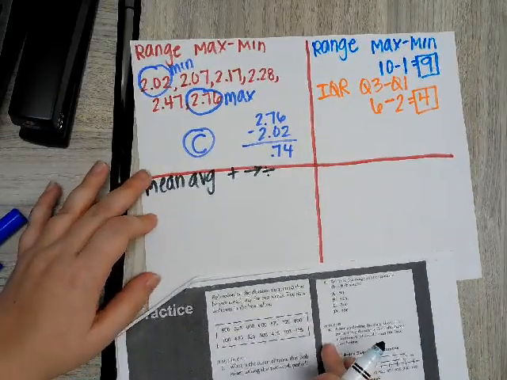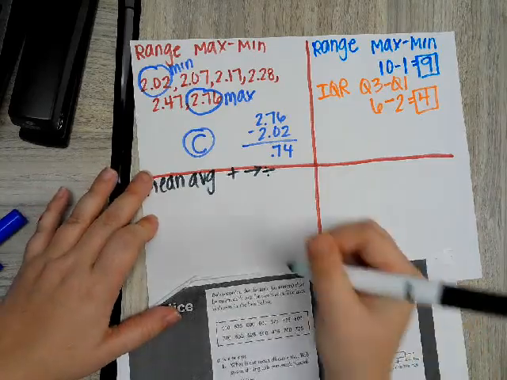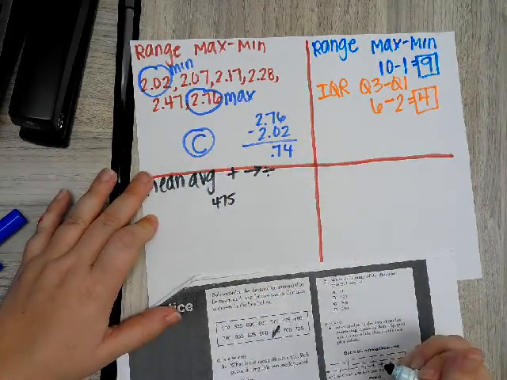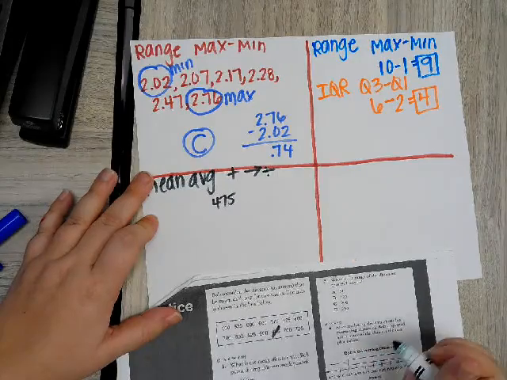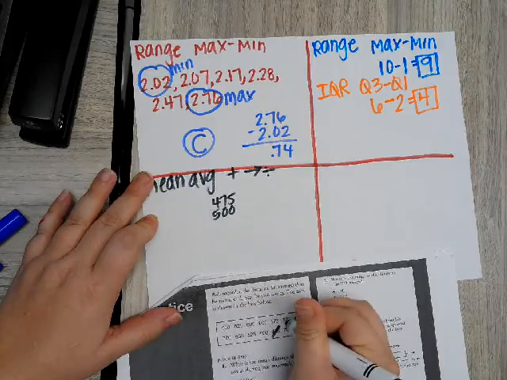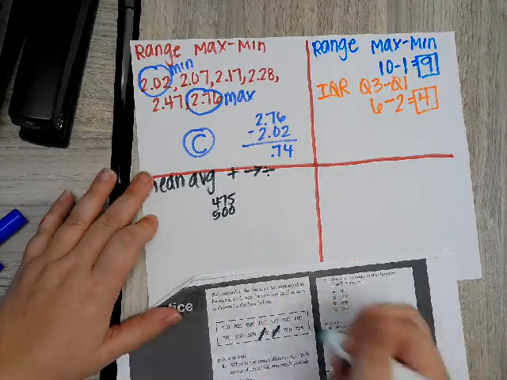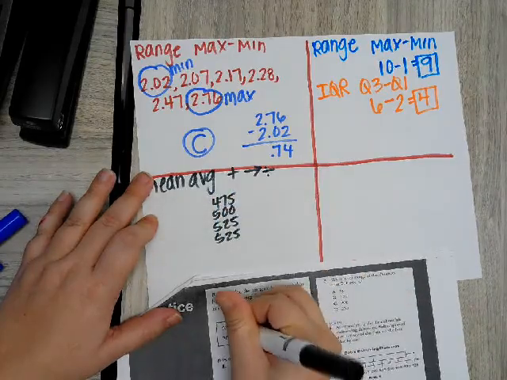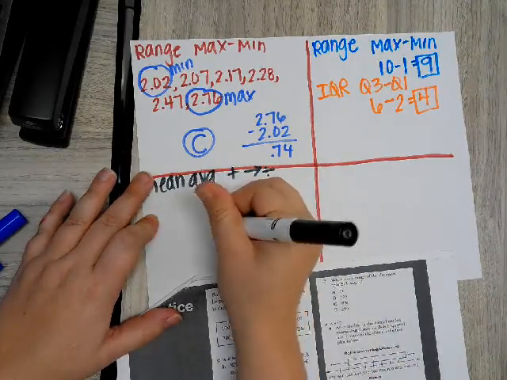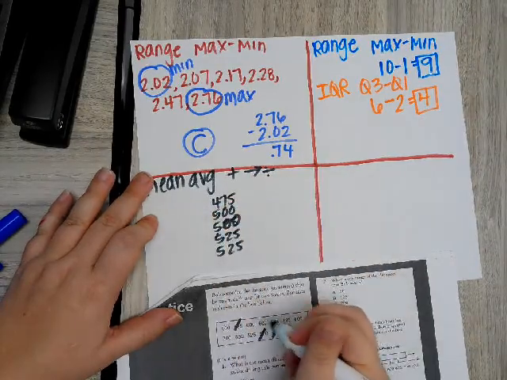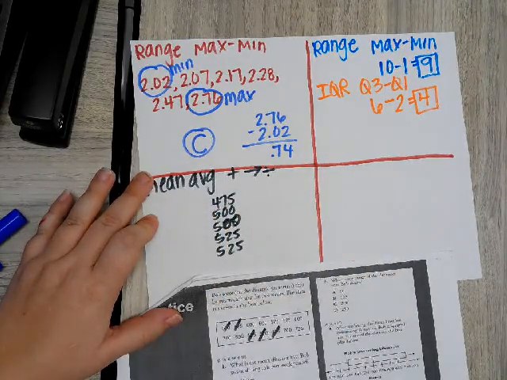So it looks like my smallest number here is 475. Then it is 500. Then 525, 525. Oh, I had two 500s. Then 575.